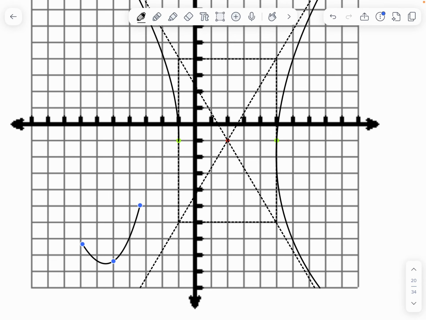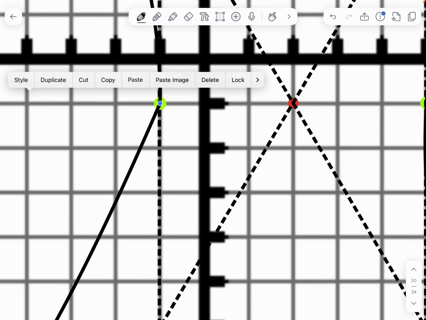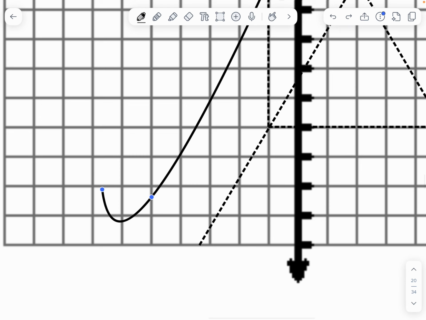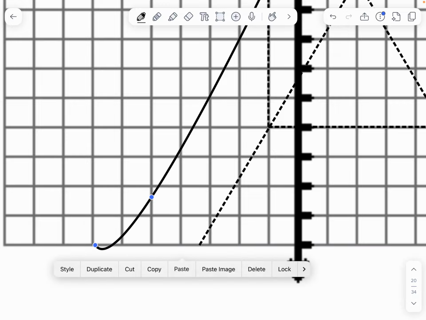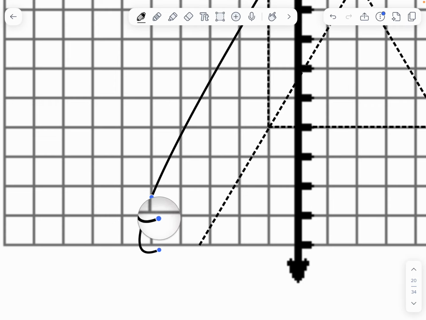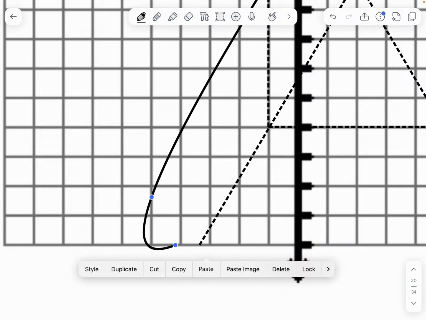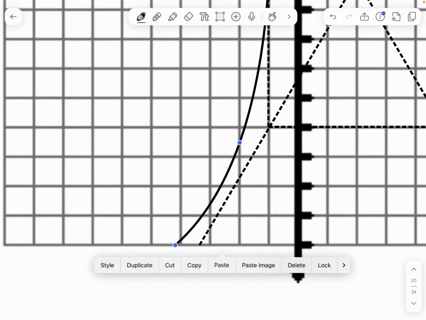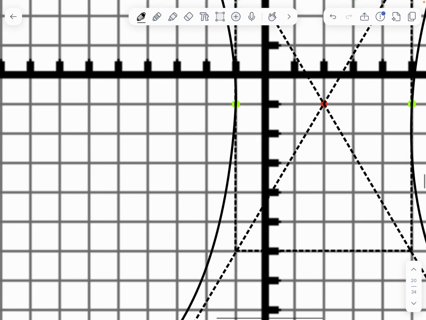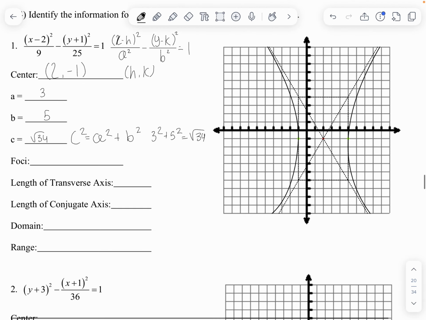I'll be trying to go a little bit faster this time. And that is our hyperbola.